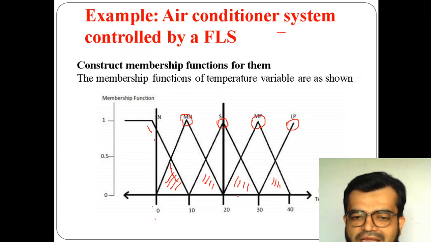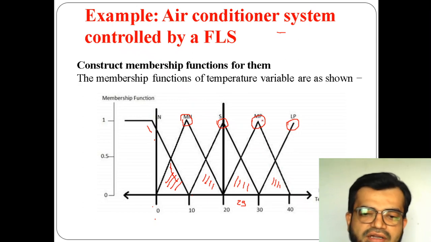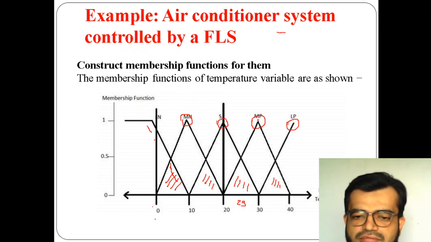So if a temperature is there at 25 degrees, let us assume here at 25 degrees, you cannot say directly that it is small or medium positive, because exactly at 30 degrees only it is medium positive, but this is how they overlap.